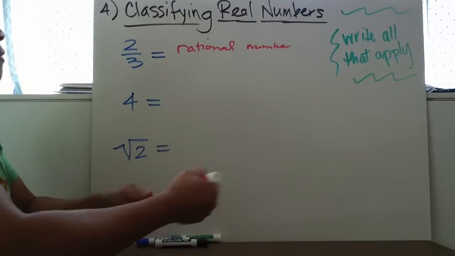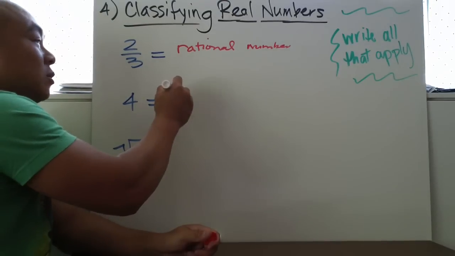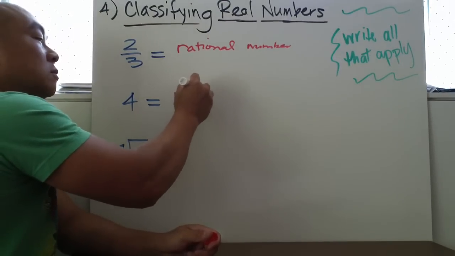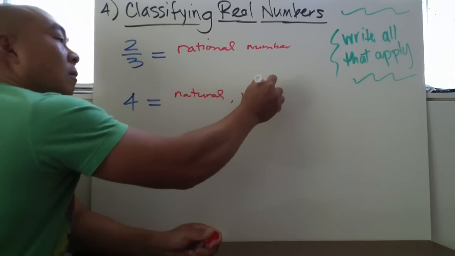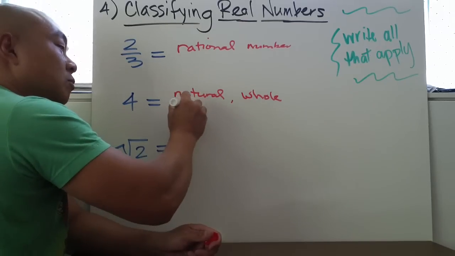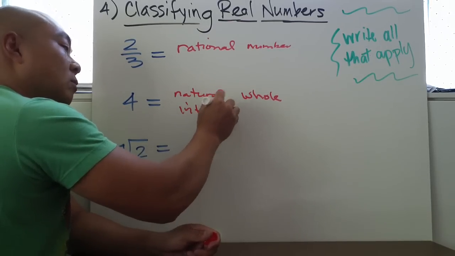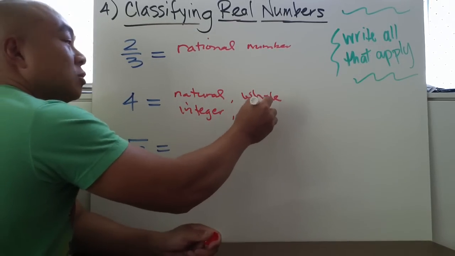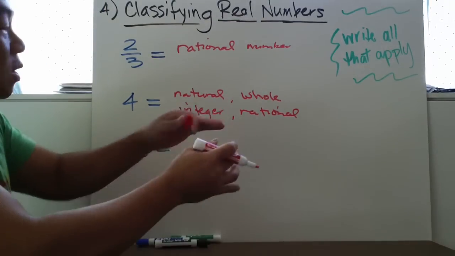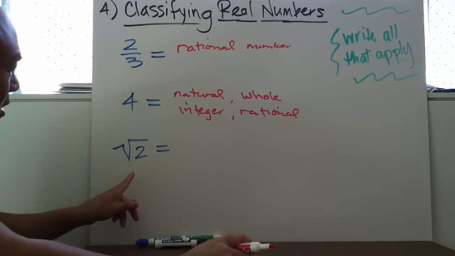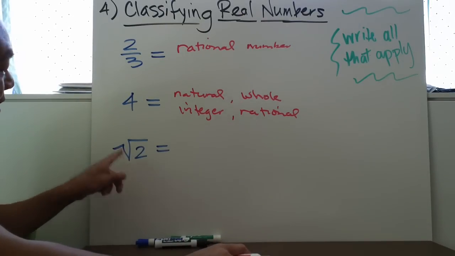How about 4? Well, 4 is a natural number, so we can call it natural. It is also a whole number. It is also an integer. And it is also, of course, rational. Remember, rational kind of encompasses everything above it, so all the whole numbers, integers, and all that stuff. Now, here we talked about this already. It's the square root of 2.